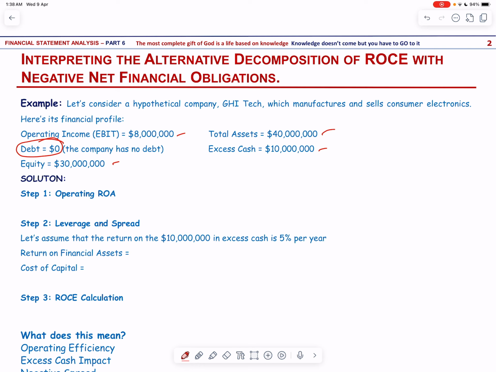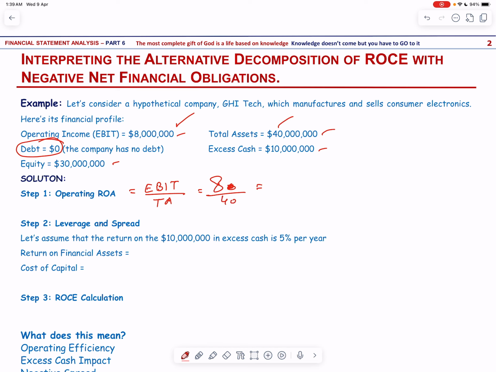Now, ROA is a measure of how efficiently the company is using its assets, excluding financial activities like debt. So, operating ROA is equal to EBIT, earnings before interest and taxes, divided by the total assets, and this is going to be equal to EBIT 8 million divided by the total assets, that is 40 million.